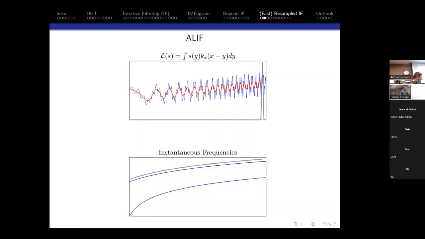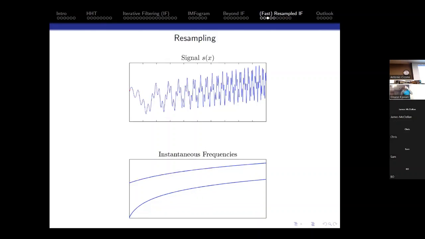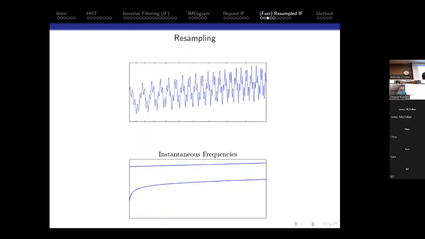What we realized is that this formula up there can be rewritten by an exchange of variable, and you can make this function constant. And for the signal, you just need to resample it. And so that's exactly what we do. We take this signal and resample it in a way that this curve now becomes flat, horizontal.